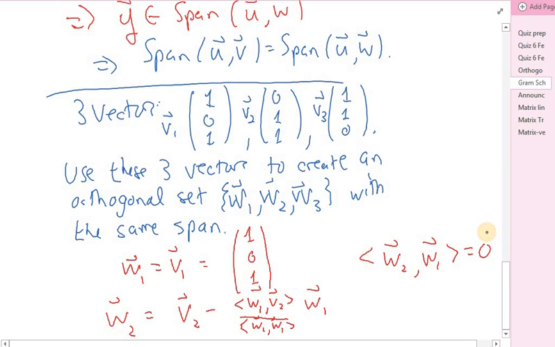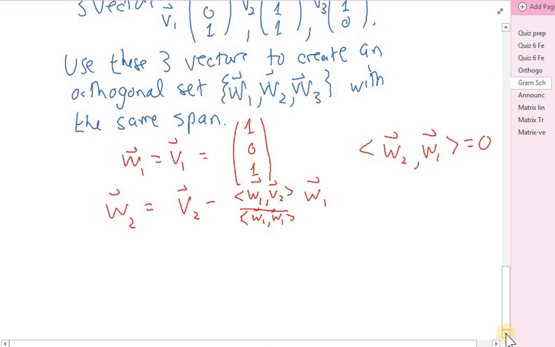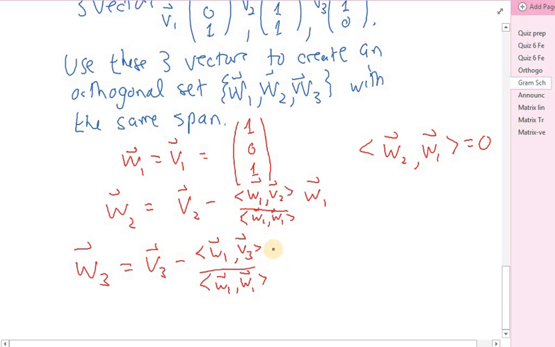All right, now what am I going to do with the third one? Well, first of all, I'm going to make the third one orthogonal to W1 by doing the same procedure. So I'm going to take W3 equal to V3, and first of all, I'm going to take off the W1 part. So that's going to be (W1 · V3) over (W1 · W1) times W1.